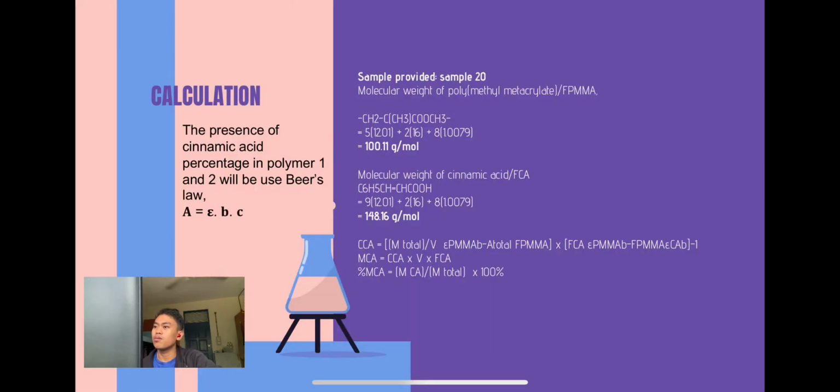We are going to take a look at the calculation involved in the experiment. We are going to look at the percentage of cinnamic acid in polymer 1 and polymer 2, and we will use Beer's law.